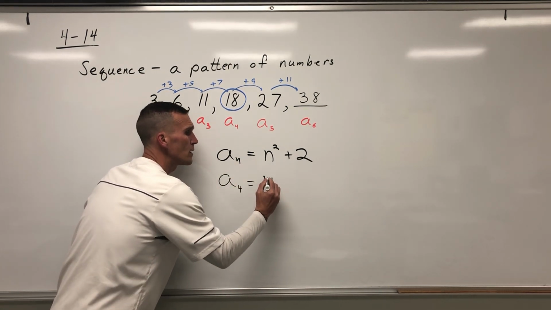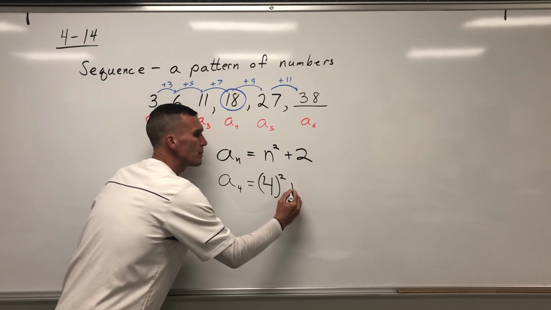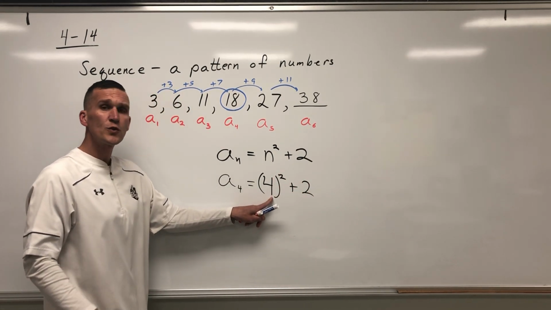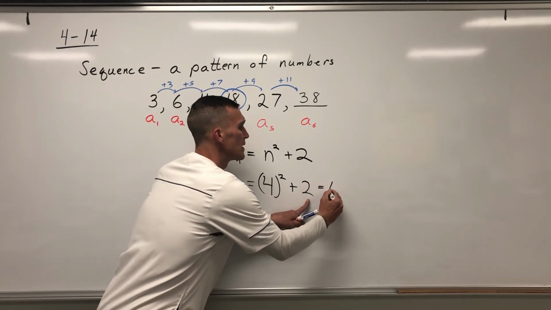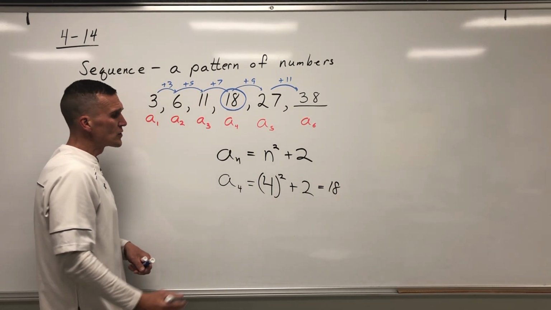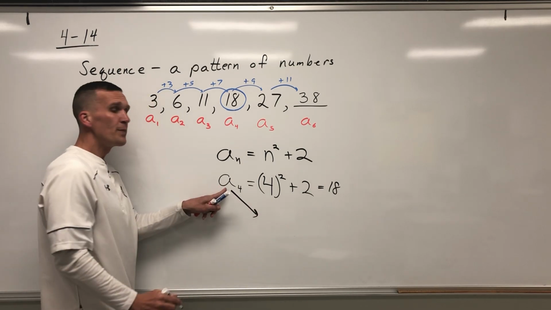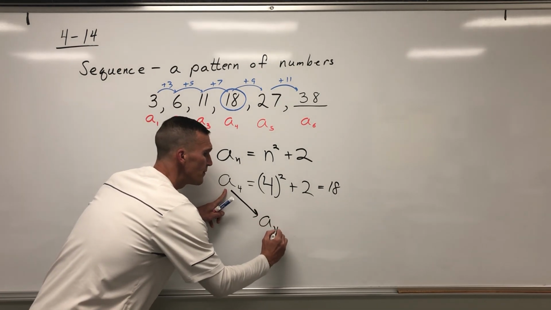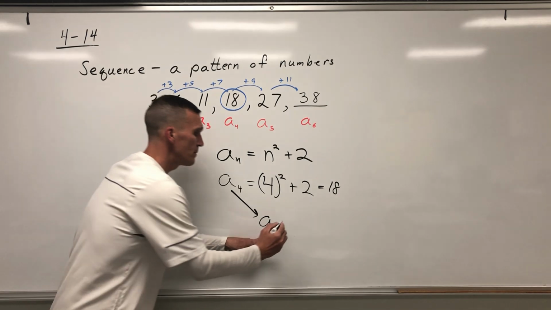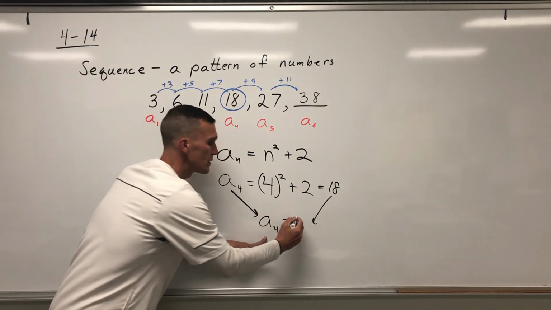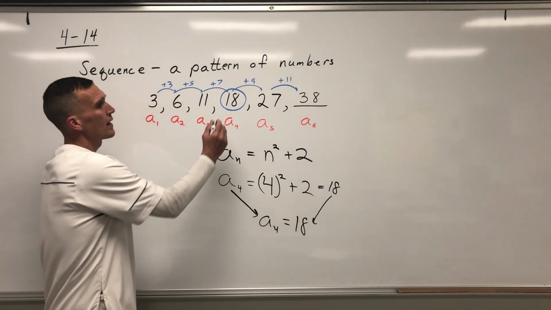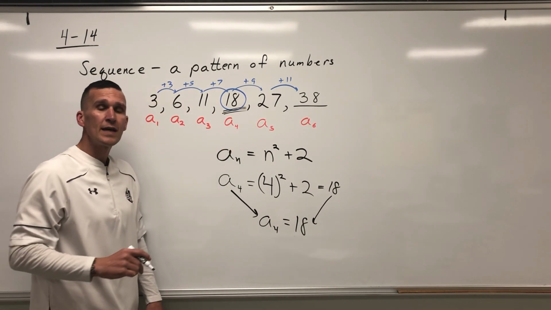So I have 4 squared plus 2. Well, 4 squared is 16. 16 plus 2 is 18. So a sub 4, which represents the fourth term, equals, you disregard the work and go for the answer, 18. And the fourth term was 18.